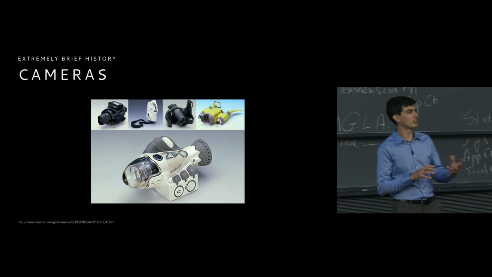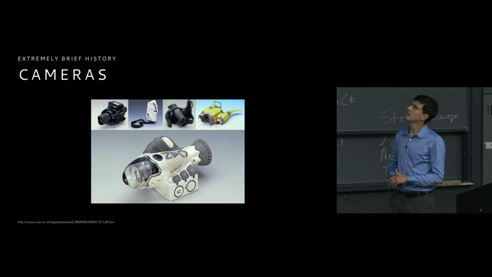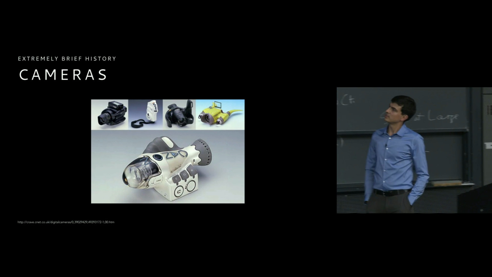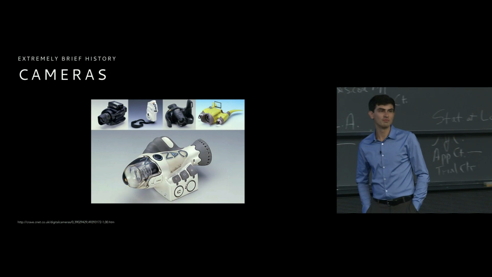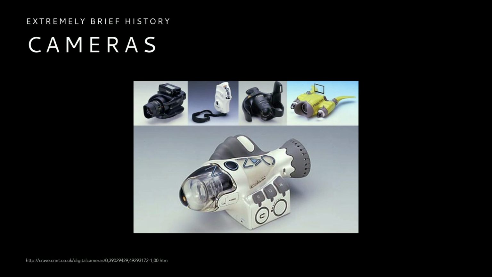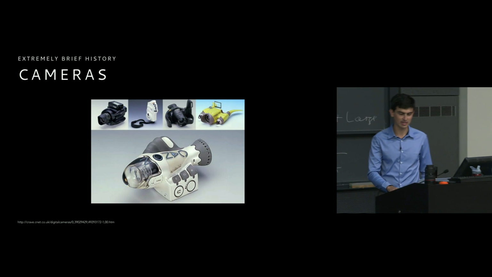We'll be able to do something very interesting with the shape and design. And so they went with somewhat of an oceanic theme. Looks a bit like fish and rays and sharks, and pretty cool. But I don't know if I would use one of these particular types of cameras. Okay, that's it for the history of digital cameras.